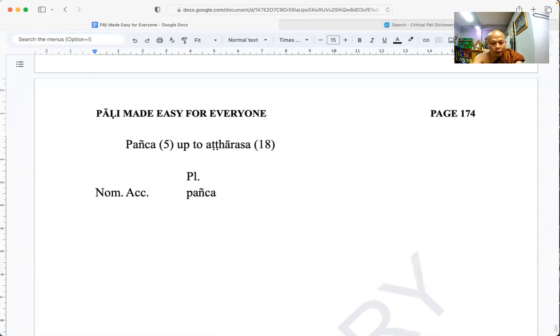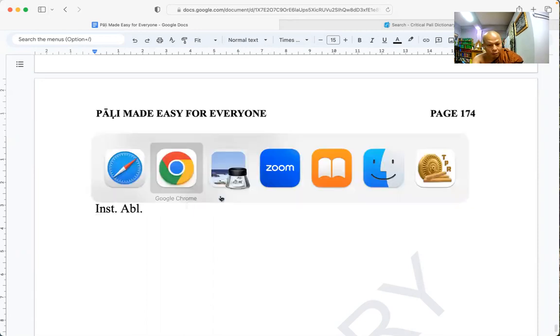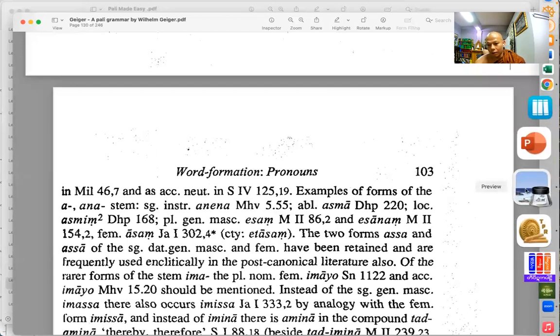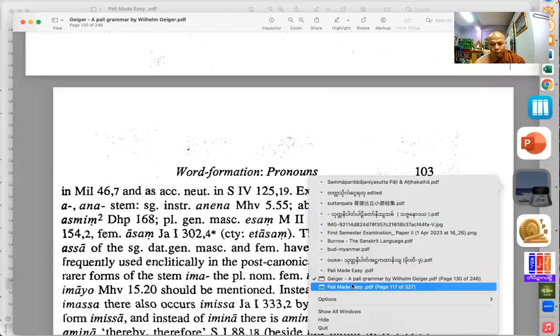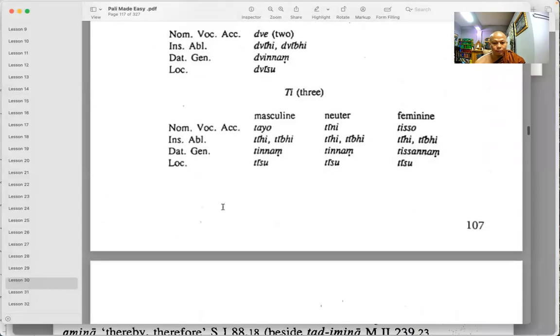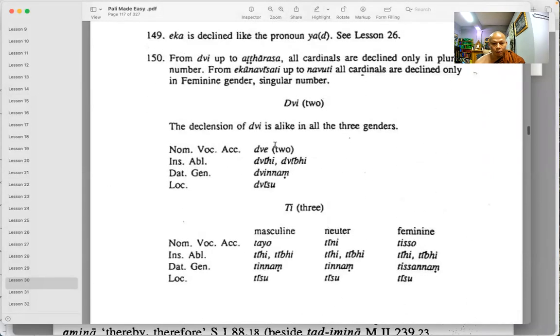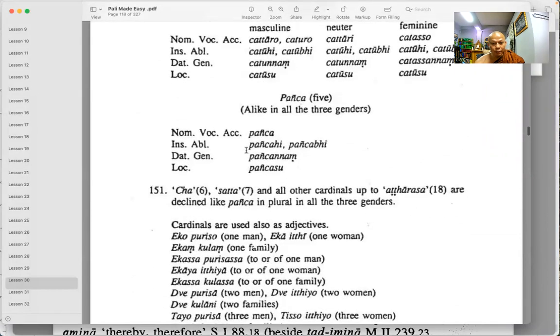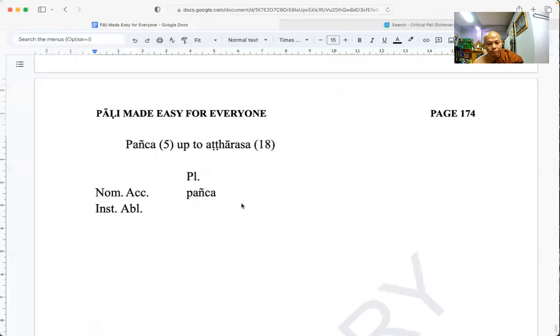And then the instrumental and ablative is banja be or banja he.